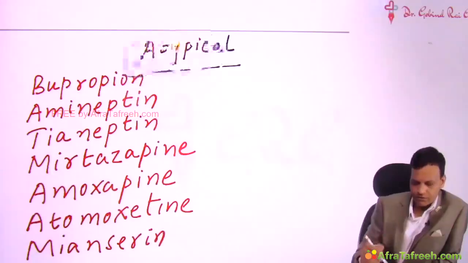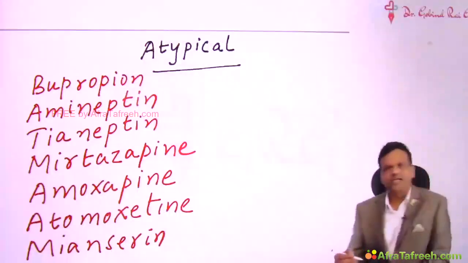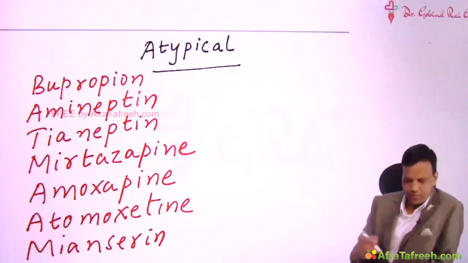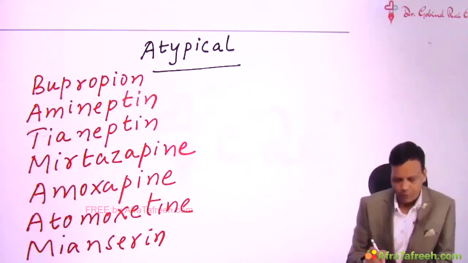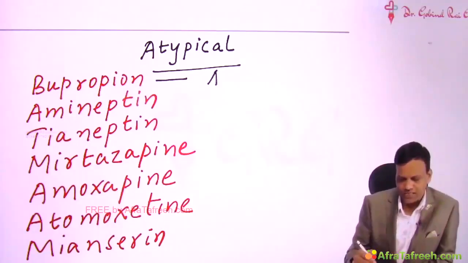These are examples of atypical antidepressant drugs. Some of the important points to remember about these drugs are: bupropion is used as an anti-smoking drug.